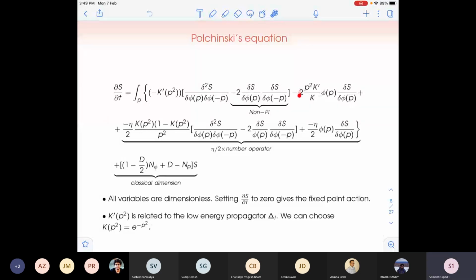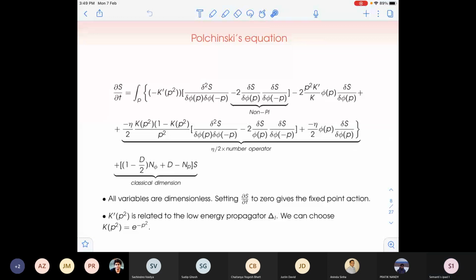If you take only the interactive part, this part goes, so that is not important. And note that eta by 2 is the anomalous dimension of phi, and this phi del S del phi is the number operator. So whenever you are changing scale, every time we have to change the wave function renormalization of phi.